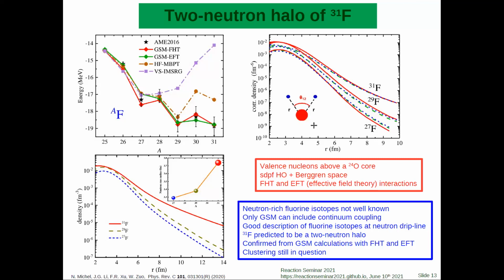So with the Gamow Shell model, we could confirm that from a theoretical point of view, fluorine 31 is a 2-neutron halo nucleus and maybe the heaviest 2-neutron halo synthesized experimentally.